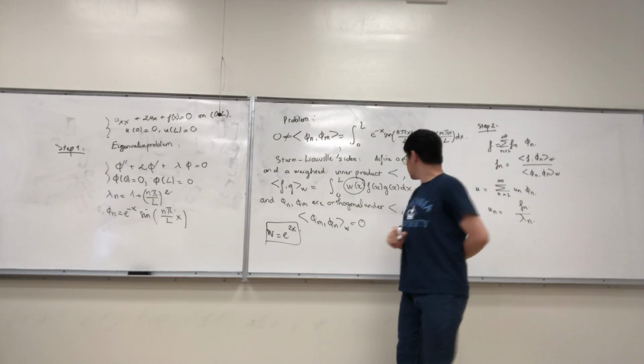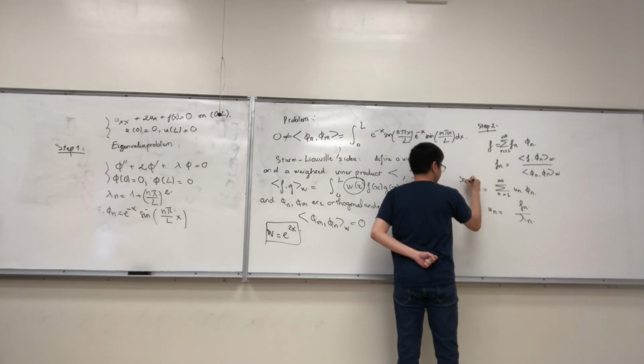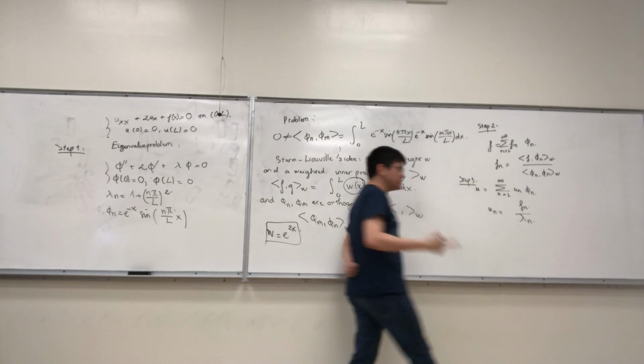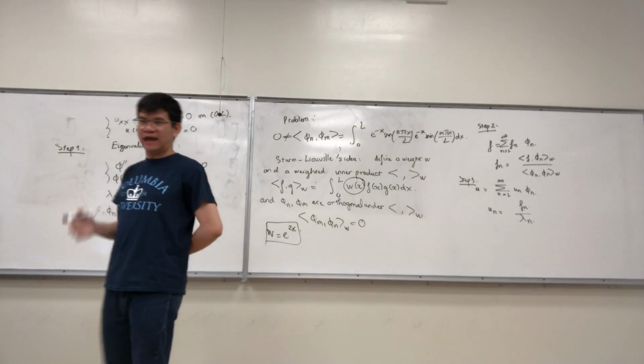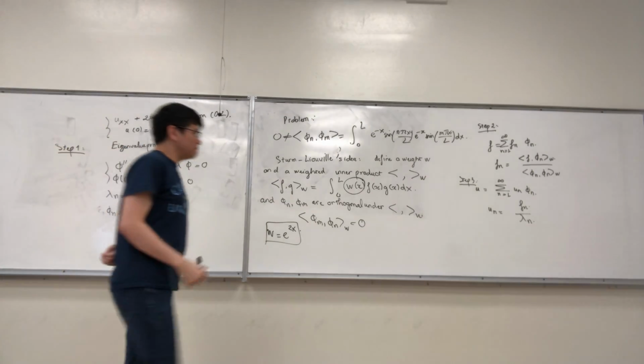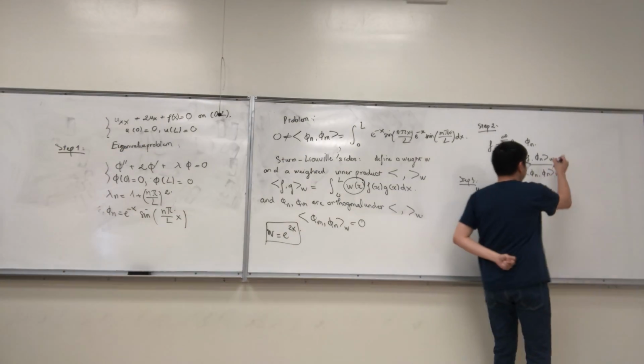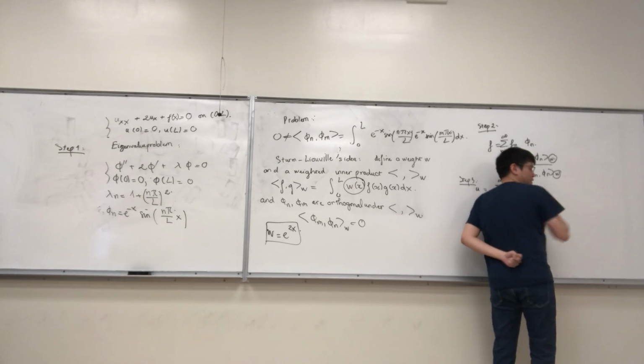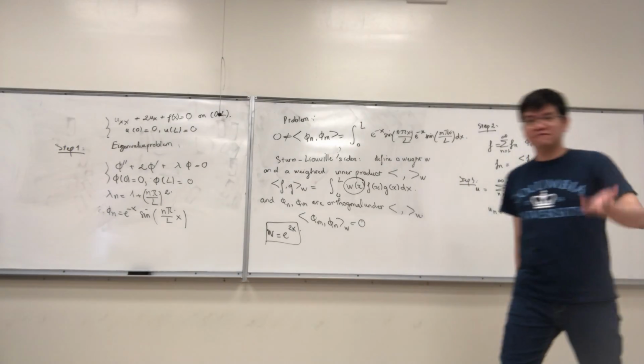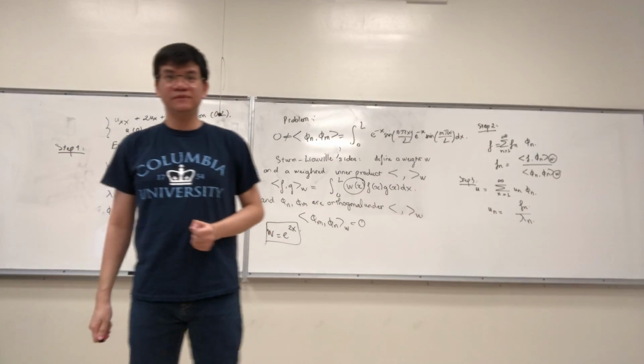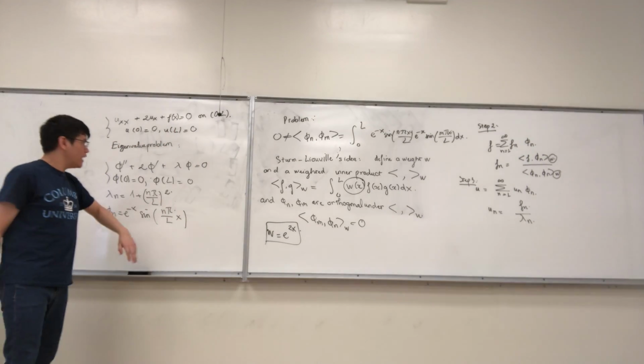So step 3. After you define this new inner product, everything will be the same, but you have to keep in mind that now you are using this new inner product instead of the classical one. Is it clear?